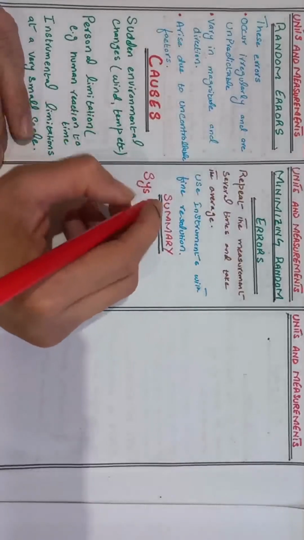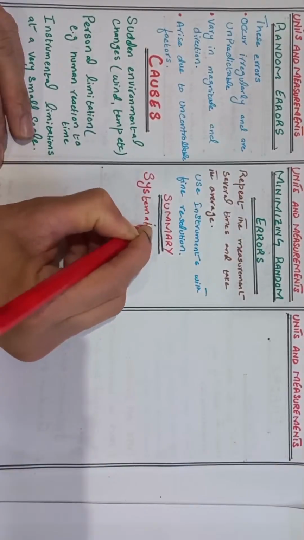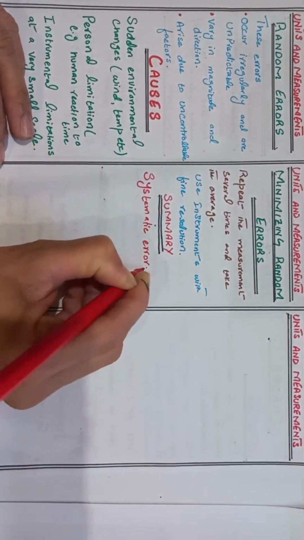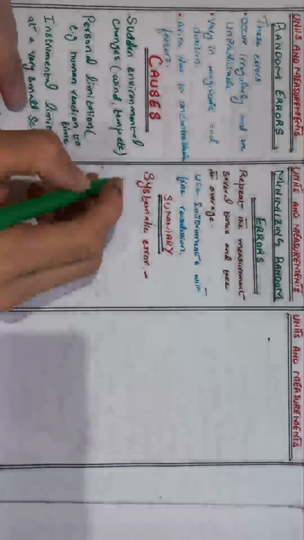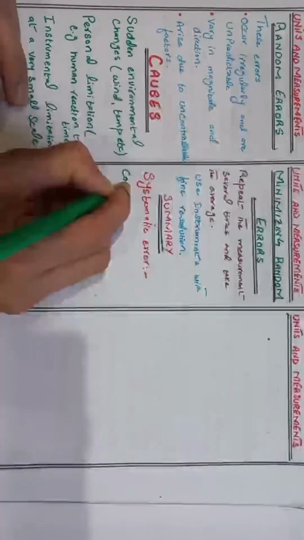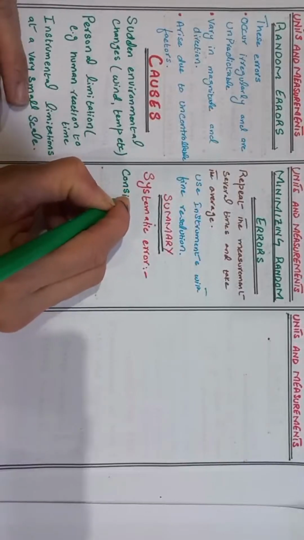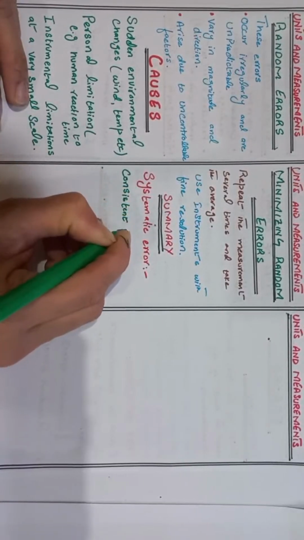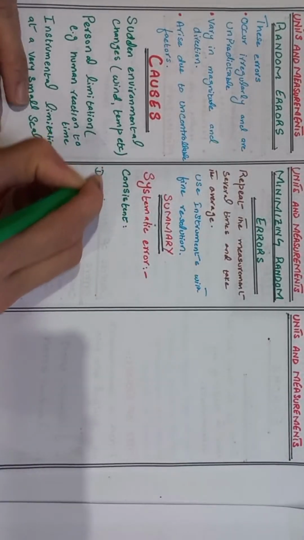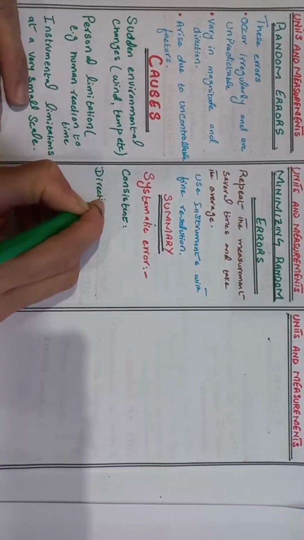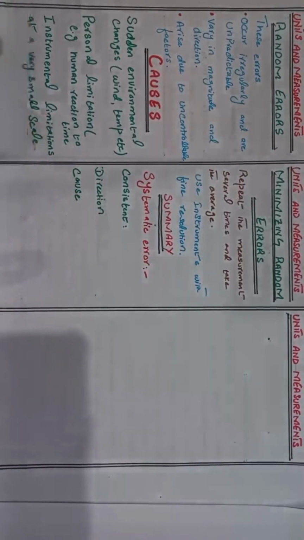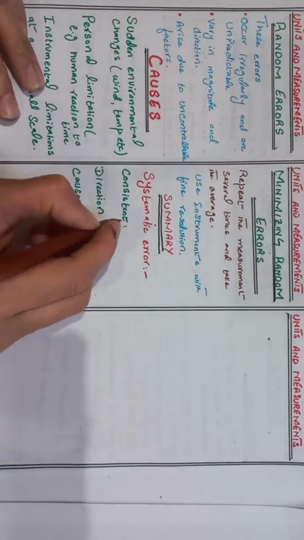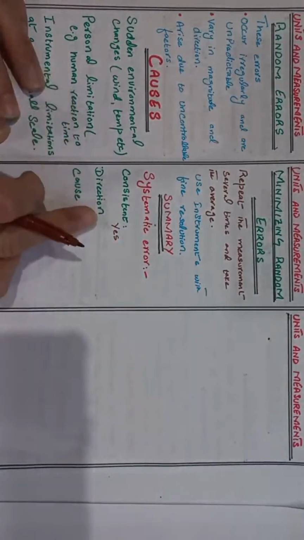Okay, now here we discuss the systematic error. In systematic error, first we discuss consistency, second we discuss direction, third we discuss cause. Consistent: yes, a systematic error is consistent and exists.